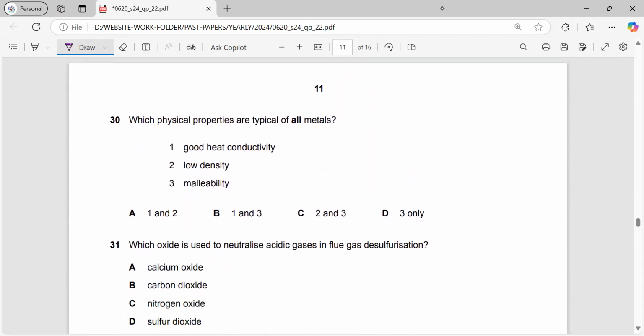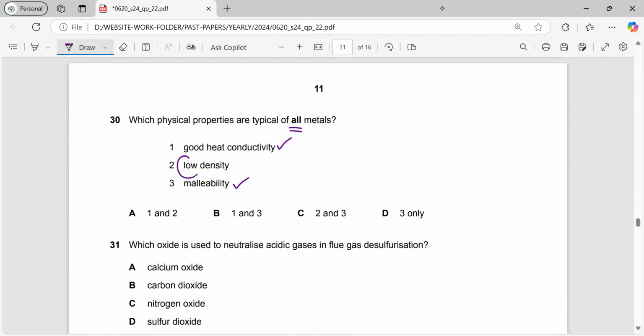Which physical properties are typical of all metals? Now, all metals have good heat conductivity. They have low density. And they are malleable. All of the metals are malleable. All of the metals are good heat conductors.